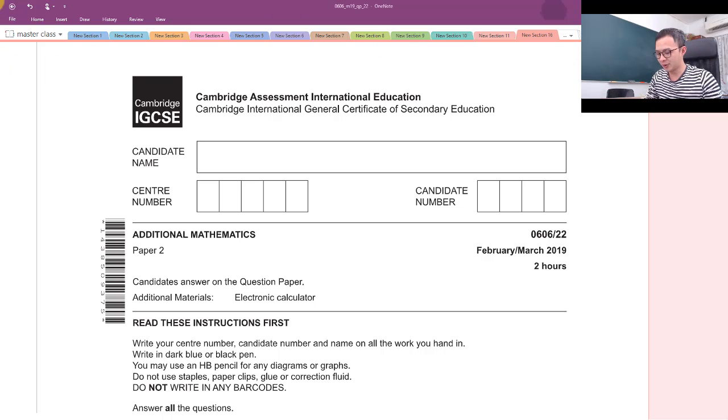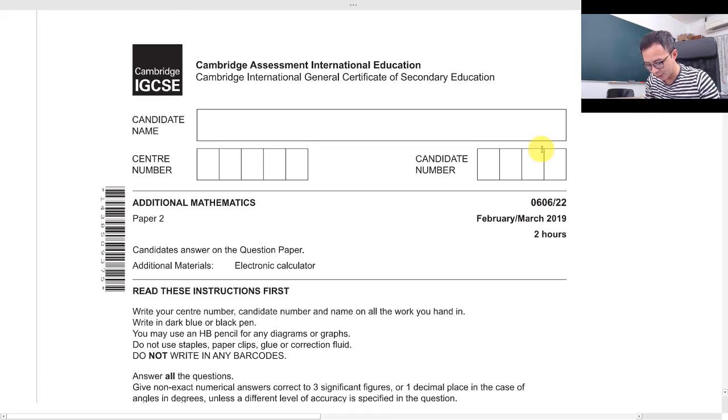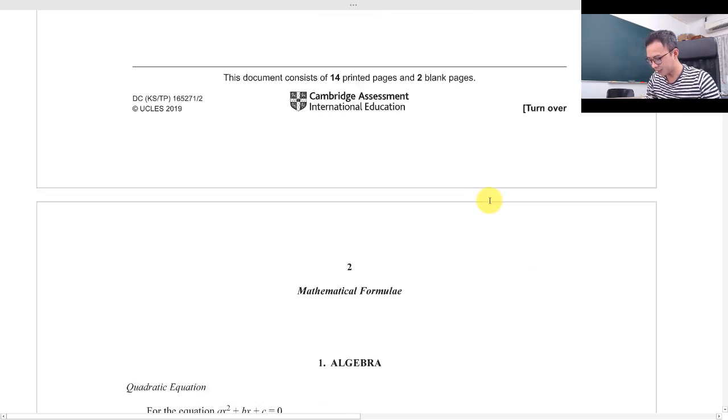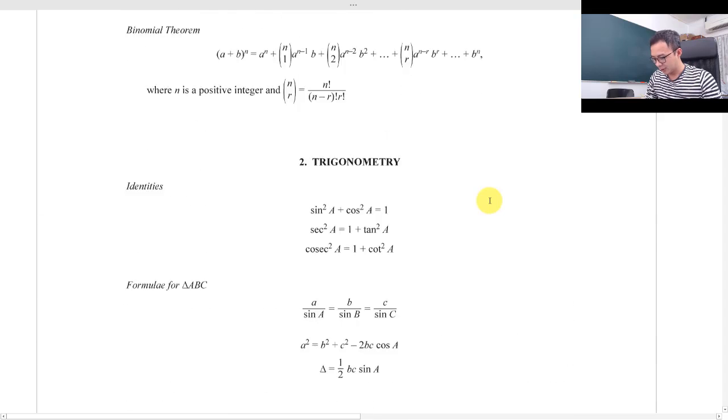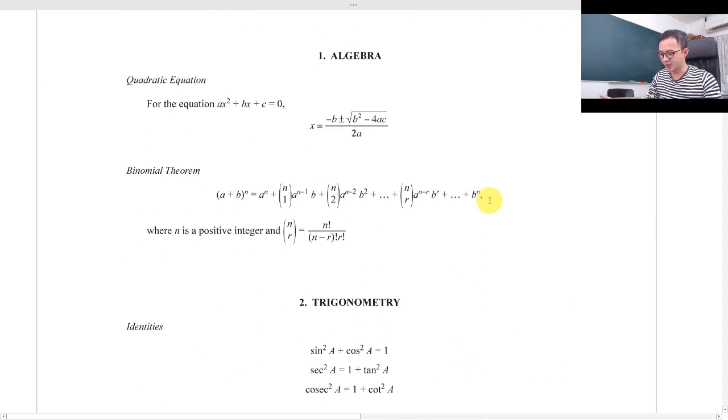Alright, so let's have a look at this paper here. First thing, you will see some formulas over here, and I guess you should know how to use them.